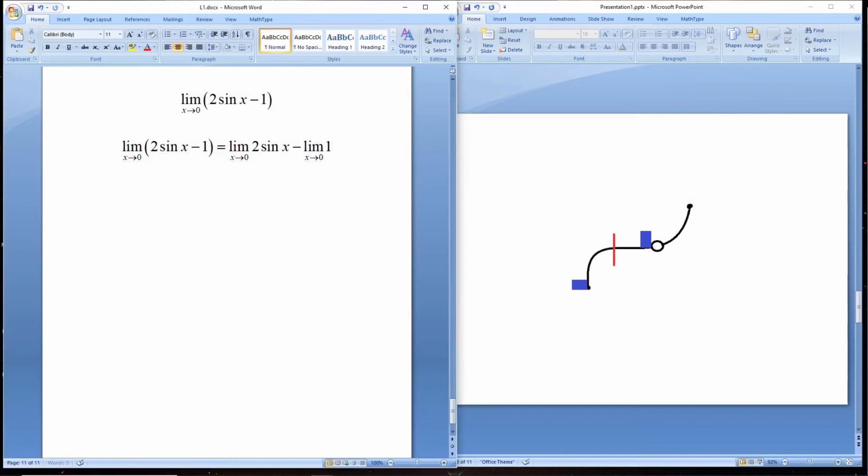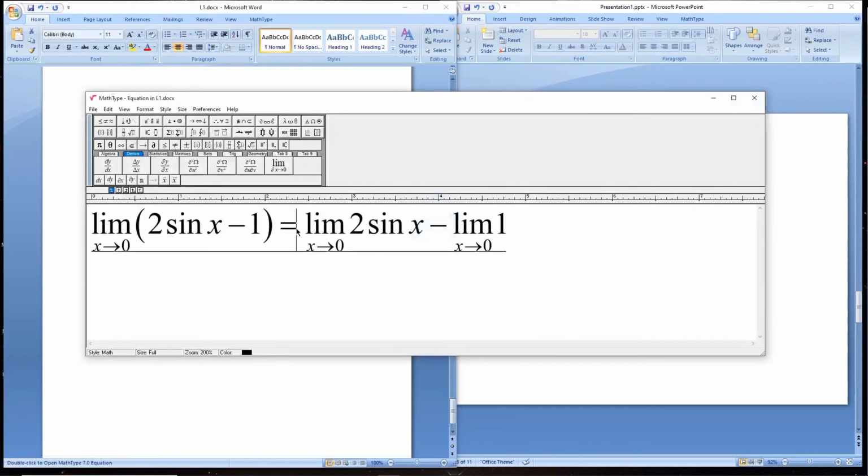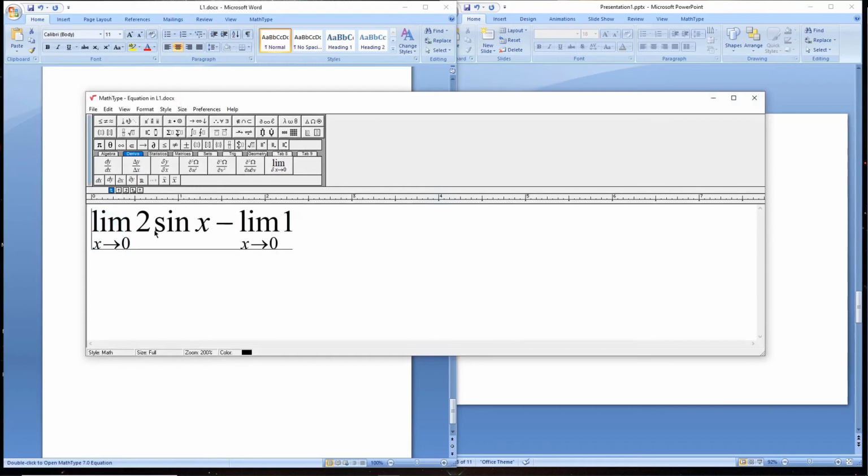And let me do one more quick thing. Another limit property says if you have a constant, you can pull it outside the limit. And just because that looks a little bit messy there, I'll just put parentheses there.